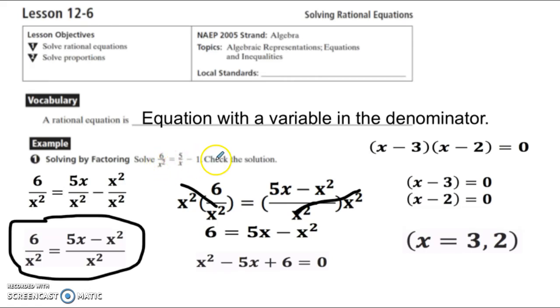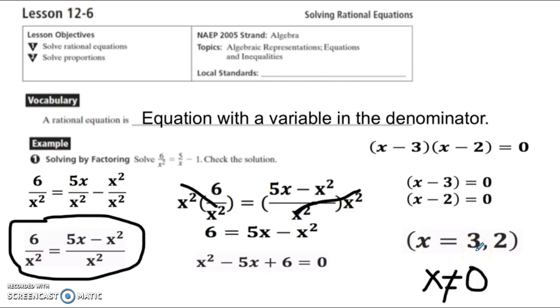So we have to make a note that x cannot equal 0 at all. If x is equal to 0, then this whole situation becomes not possible, because we can't divide by 0. So we have to remember that.